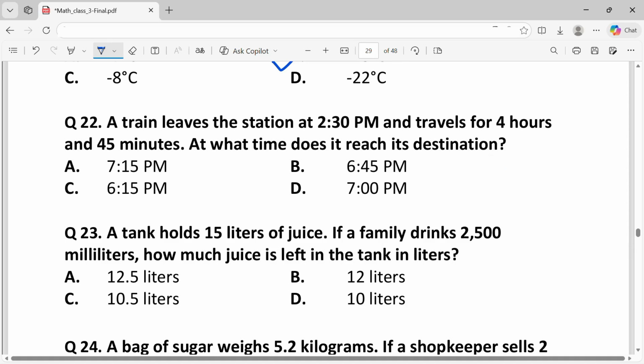Question 22. A train leaves the station at 2:30 p.m. and travels for 4 hours and 45 minutes. At what time does it reach its destination?